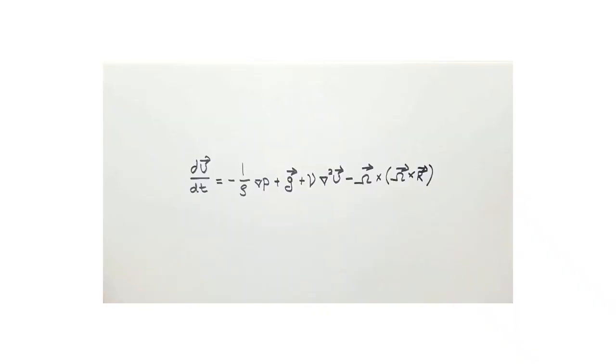And finally, fifth, Coriolis force. Here, u is a vector of velocity measured in respect to Earth's surface, which is a non-inertial frame of reference.